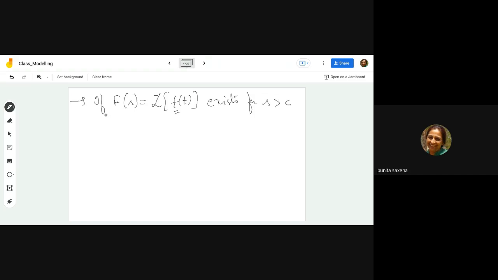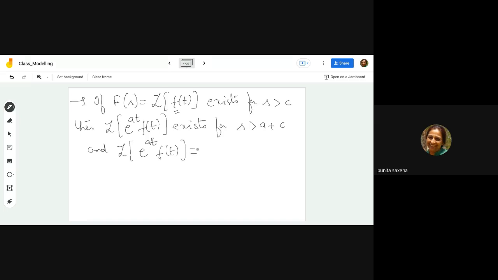Then the theorem says that the Laplace transform of e to the power at ft also exists, for s more than a plus c. And in that case, the Laplace transform of e to the power at ft is actually equal to F of s minus a.